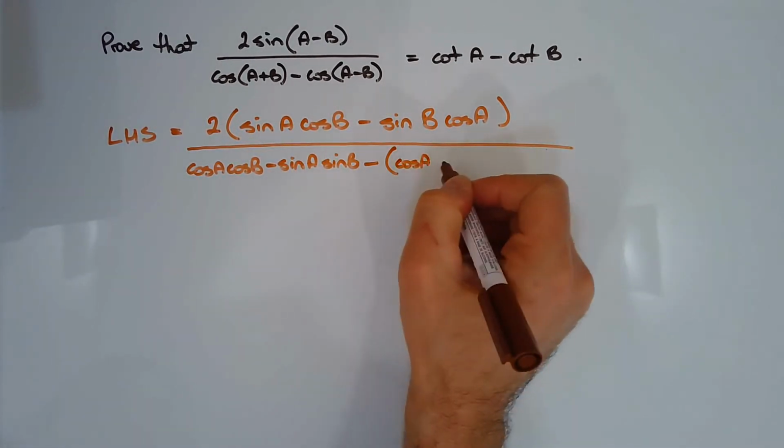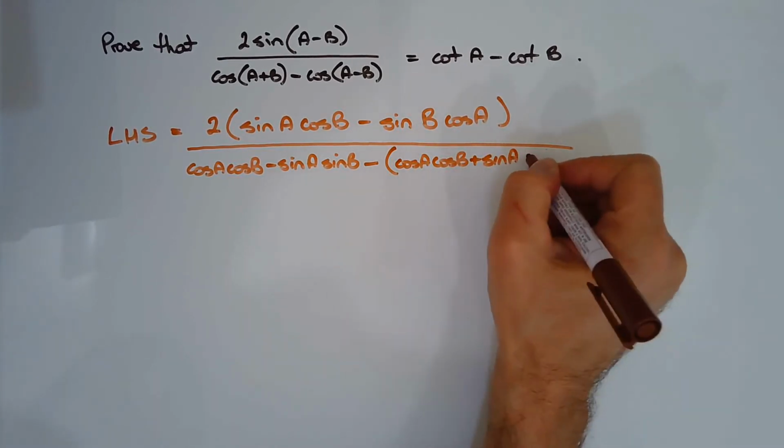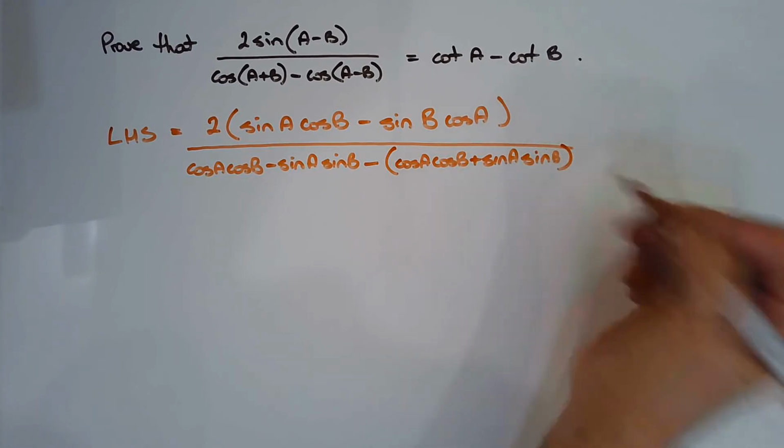That's going to be cos a cos b plus sine a sine b. Close bracket.